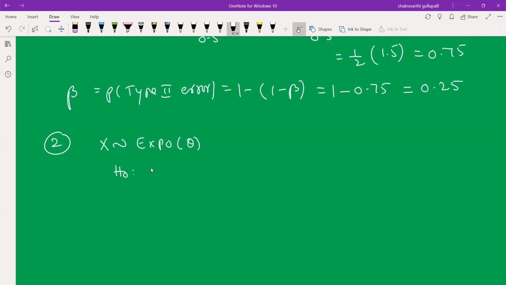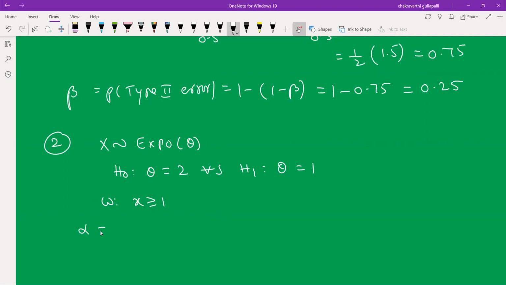H naught: theta is equal to 2, versus H1, the alternative against this null hypothesis: theta is equal to 1. The critical region is given as W: x greater than or equal to 1. This is the single observation concept.